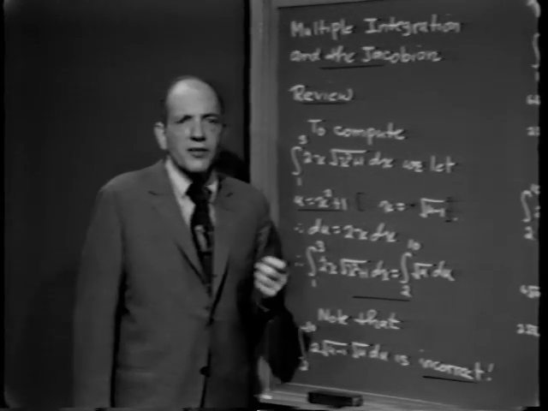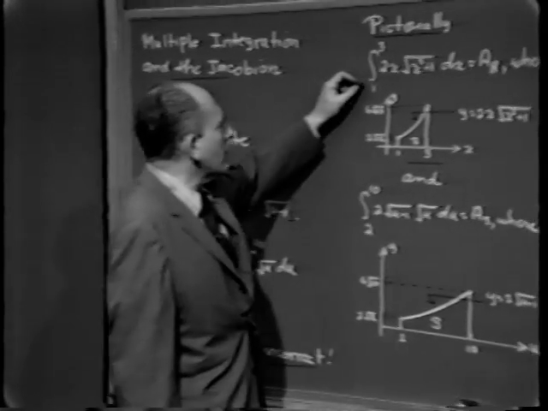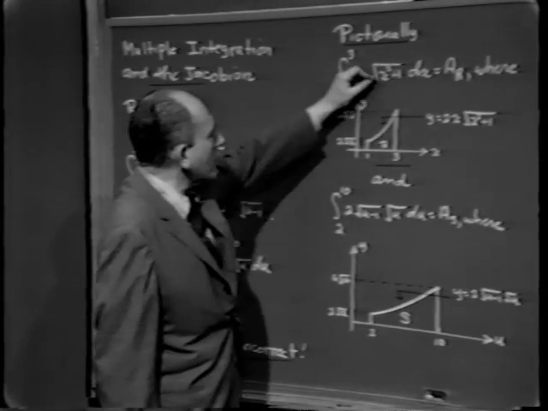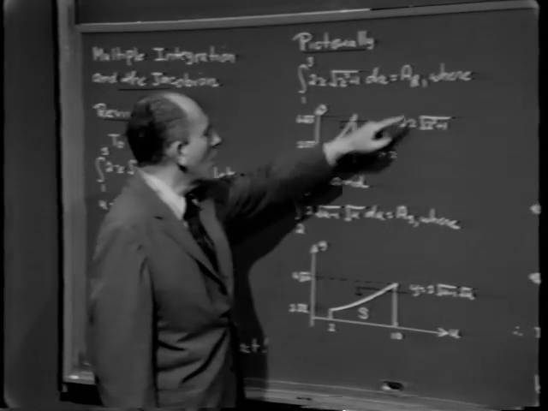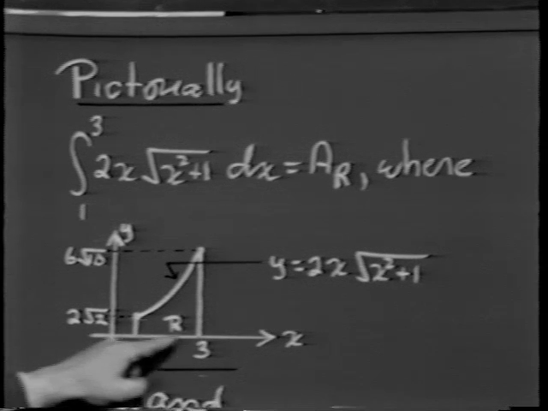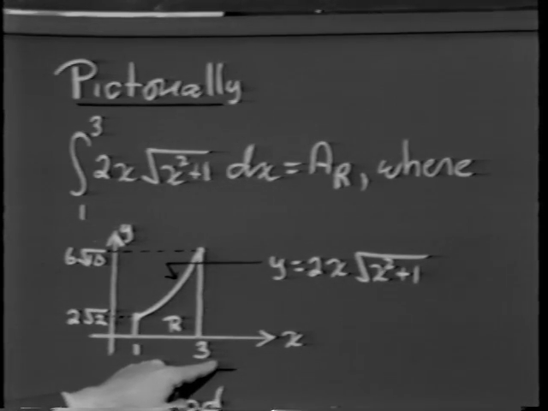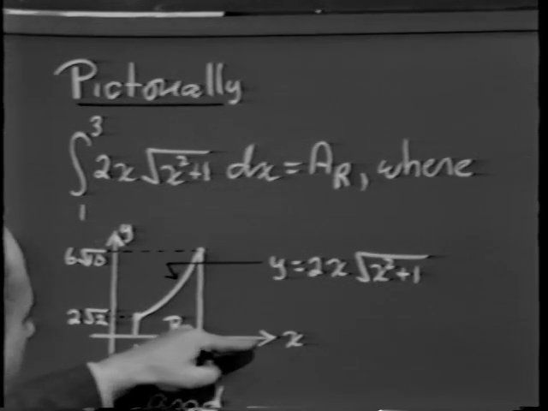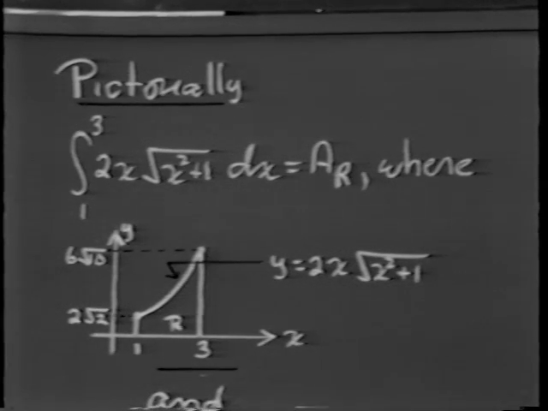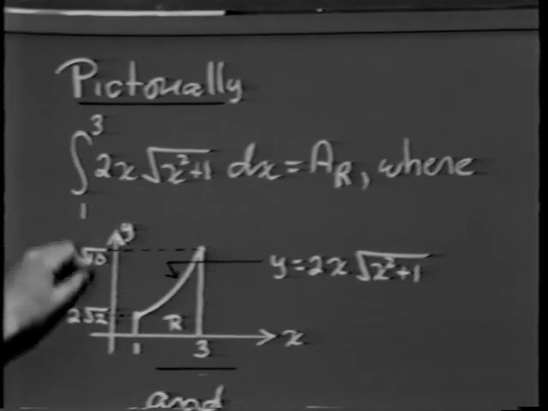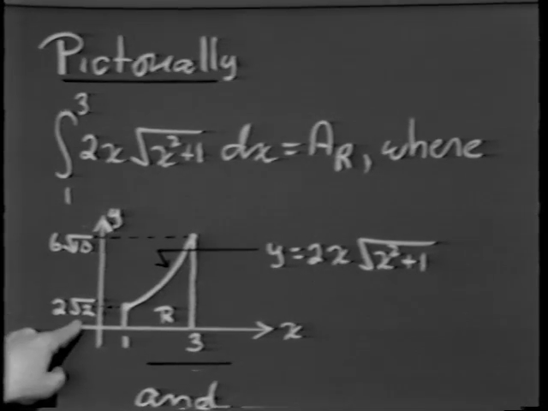And notice that from a pictorial point of view, all we're really saying is that the integral from 1 to 3 of 2x square root of x squared plus 1 dx is the area of the region R, where R is that region in the xy plane bounded between the lines x equals 1, x equals 3, below by the x-axis, and above by the curve y equals 2x times the square root of x squared plus 1. And I've simply put the values of these endpoints in here, namely when x is 1, y is 2 square roots of 2.